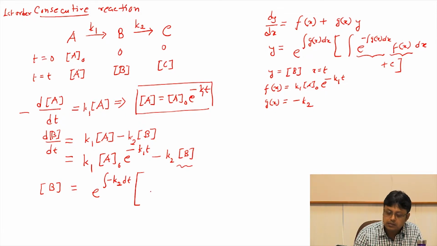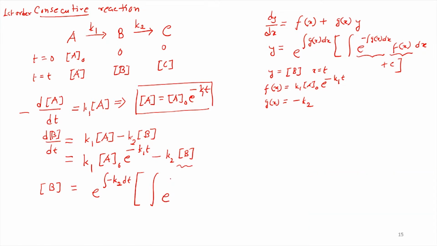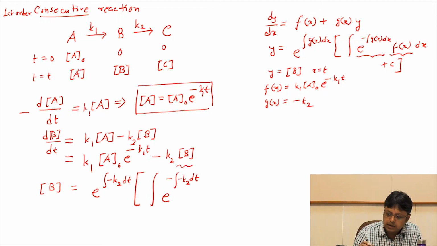Then in parenthesis we'll have the integral of e to the power, now there is a minus sign already, so I'm writing it like this, minus K2 dt, and then f(x) is nothing but K1 into A0 into e to the power minus K1t, and then I have dt, and then plus c.